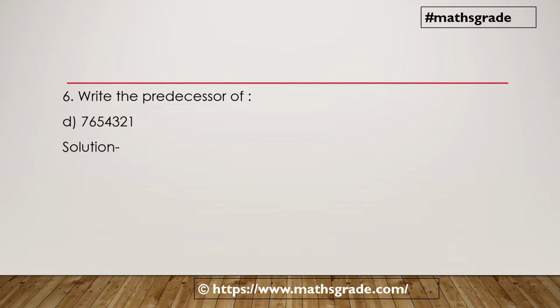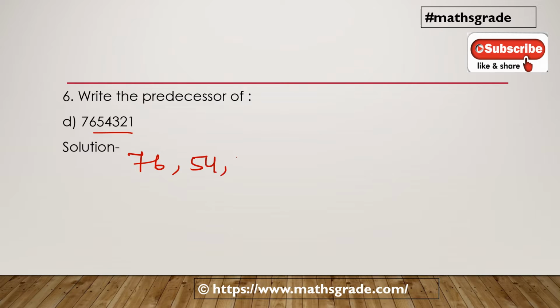Now question number 6, fourth bit D. Write the predecessor of 76,54,321. We know predecessor is the before number or the previous number. We have to subtract 1 from this number. So subtracting 1 from 76,54,321 will be 76,54,321 minus 1.